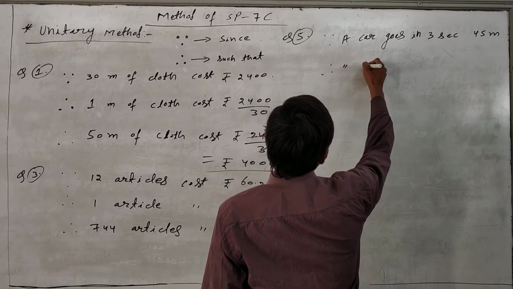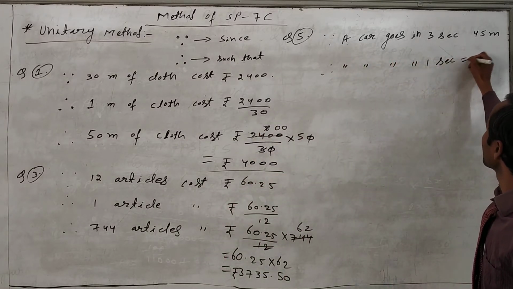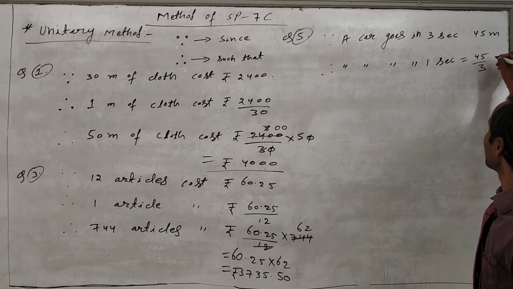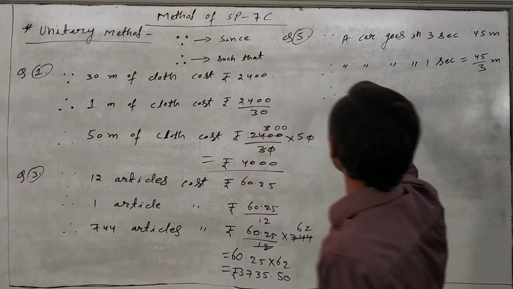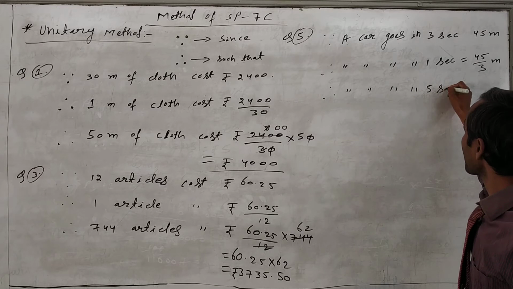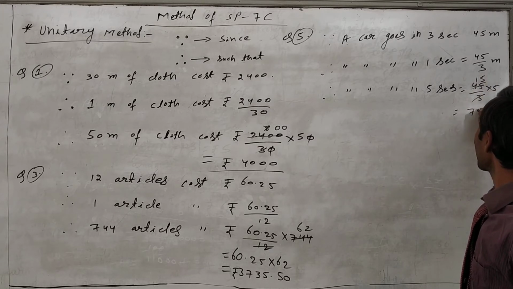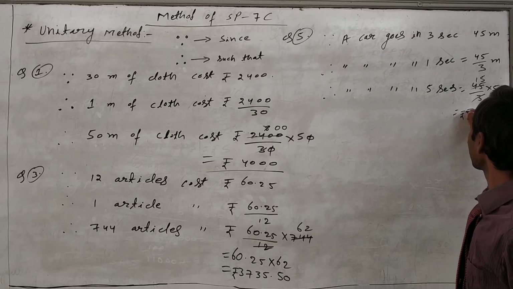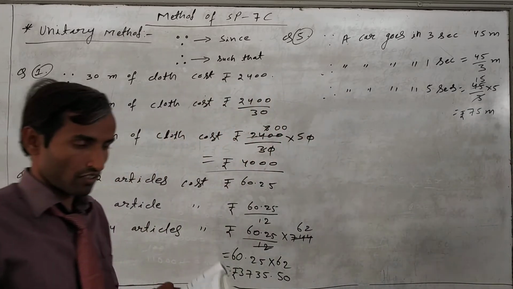Just write out like this: a car goes in 1 second is equal to 45 upon 3 meters. Now we have to find for 5 seconds, so we will multiply. So how much does the car go in 5 seconds? Then 45 upon 3 into 5 will come. It will cancel out to 15, and 15 into 5 will come 75 meters. So in 5 seconds it will go 75 meters distance.